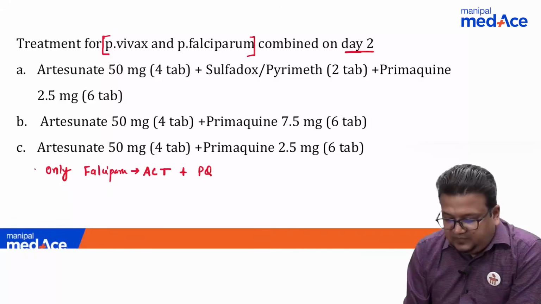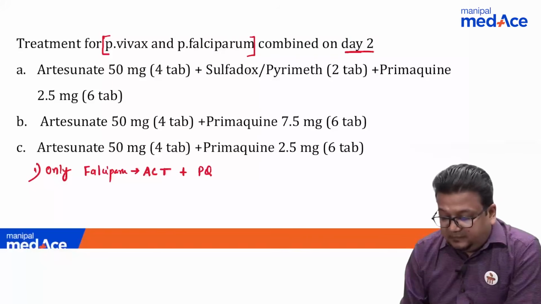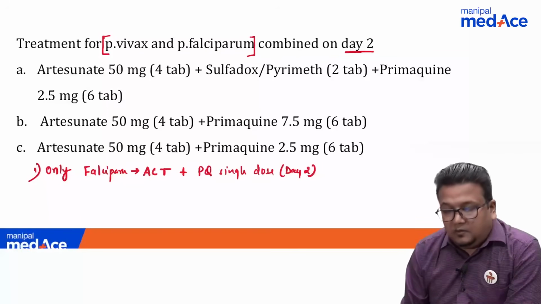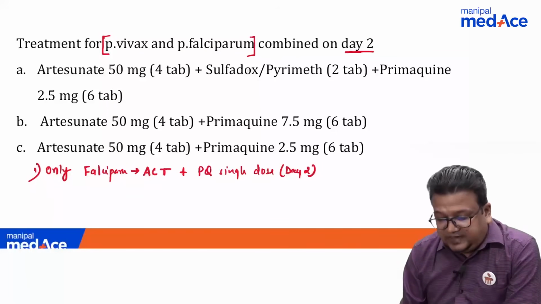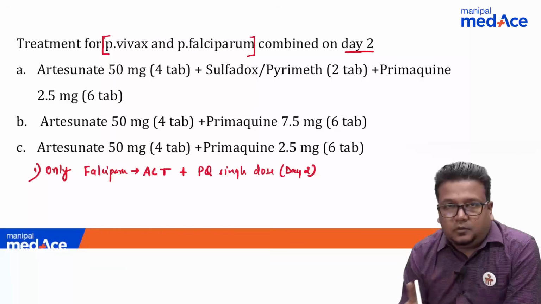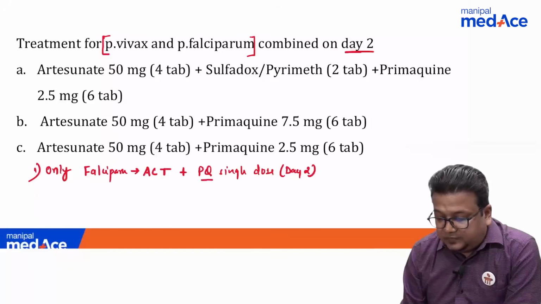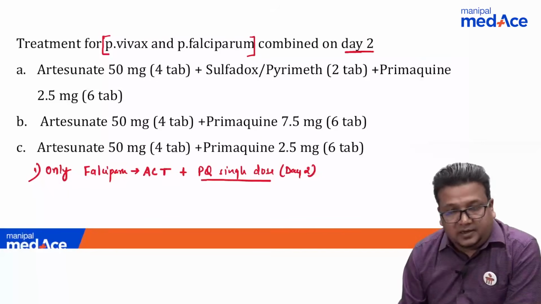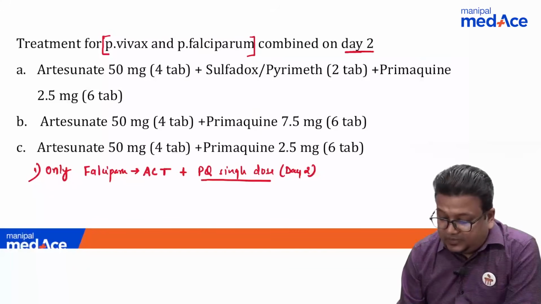If it is only falciparum, then we give primaquine single dose on day 2. Focus on primaquine. If it is only falciparum, no Vivax, then only one dose of primaquine is given, and that is given on second day.